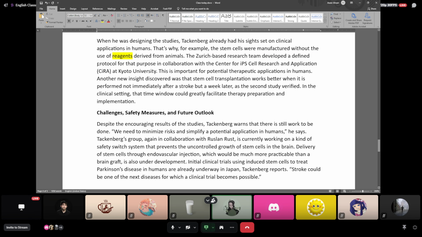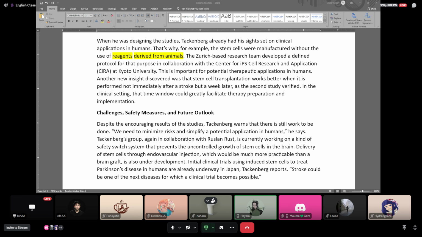Please start reading. The Zurich-based research team developed a defined protocol for that purpose in collaboration with the Center for iPS Cell Research and Application, CiRA, at Kyoto University.